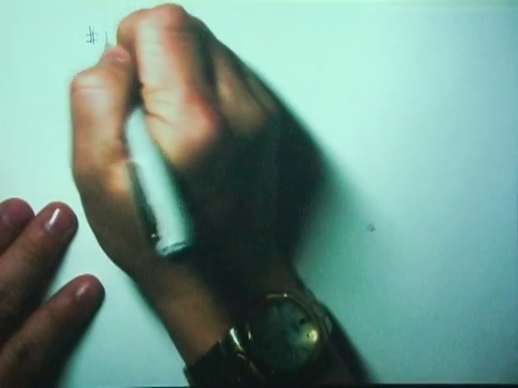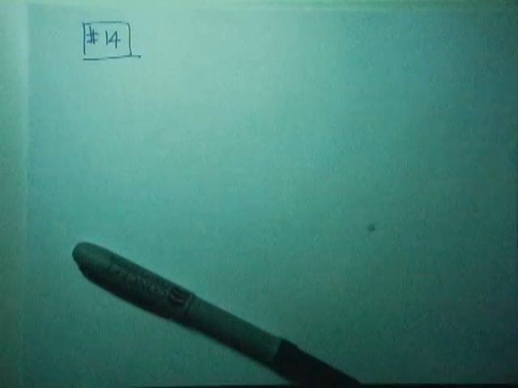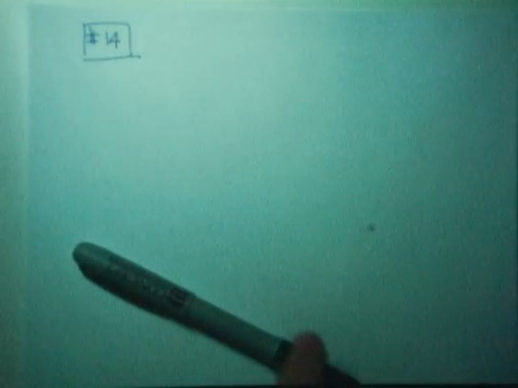Problem number 14. So now here is the first time that you're looking at an equation that has 2 log terms.